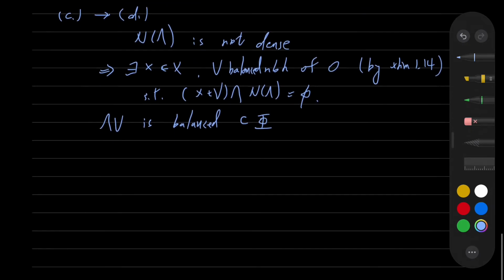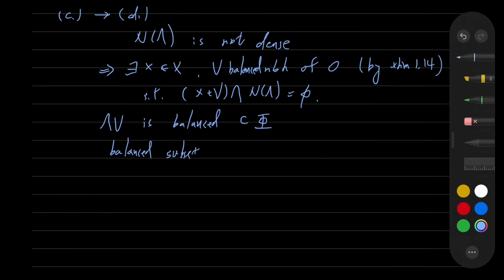But remember we said before that the balanced subsets of the scalar field are only 3 types: 0, an interval or disk, or the whole space.